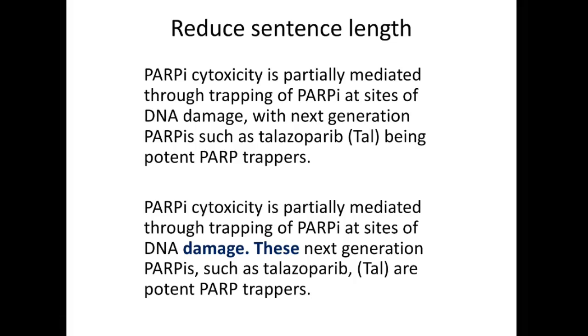There's nothing really wrong with the sentence, actually not even too long, but I wanted to show you a quick trick that I like to do when I find I'm having too many long sentences, and this would be one where I could easily make 2 sentences out of it. So I'm going to insert it right here. If you look at the revision on the bottom, PARP cytotoxicity is partially mediated through trapping of PARP at sites of DNA damage. Period. These next generation PARPs, such as talazoparib, are potent PARP trappers, right?